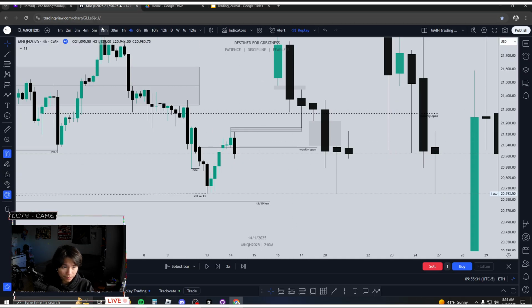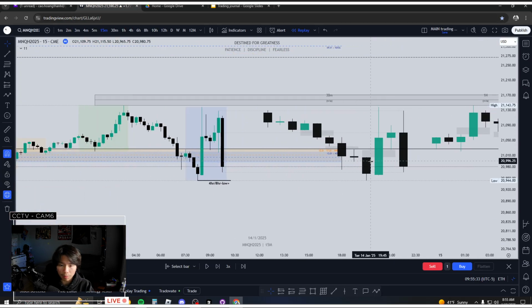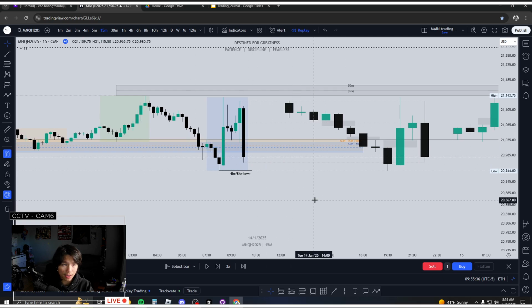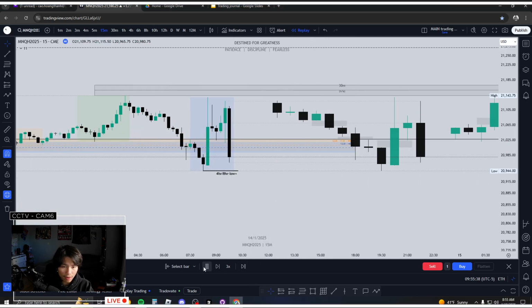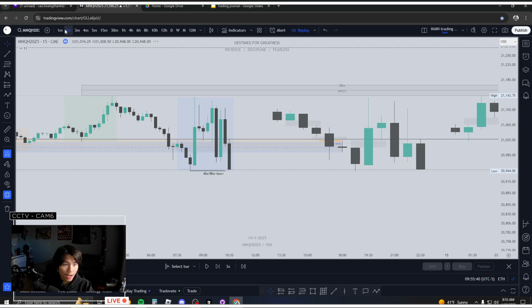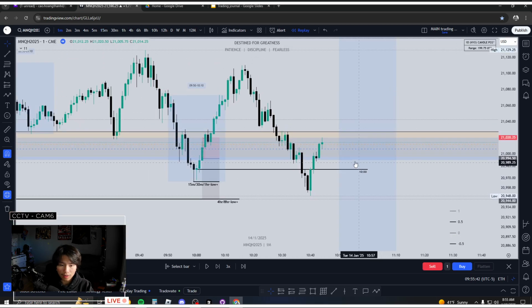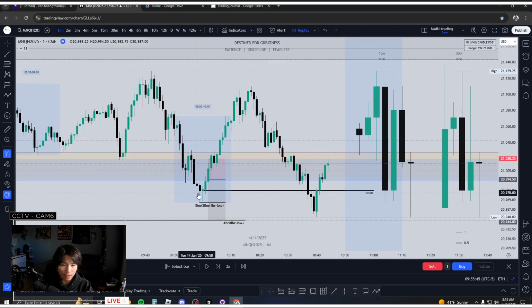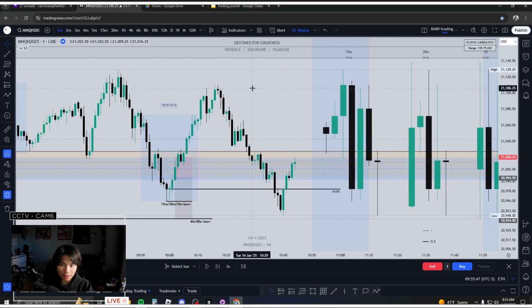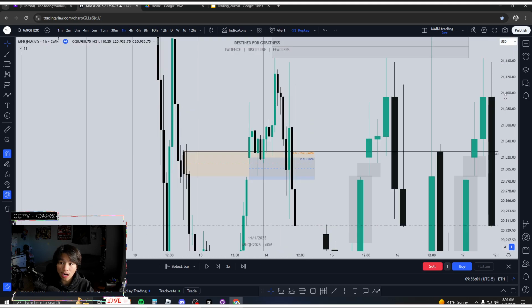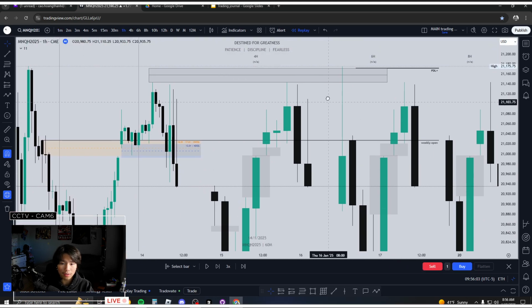So I do want to show you guys that we did end up completing that 4-hour objective, right? After I got stopped out here, we actually reversed. We didn't actually take out that 15-minute high, but I think we had SMT here between NQ and ES, and the 4-hour objective ended up getting completed, right?